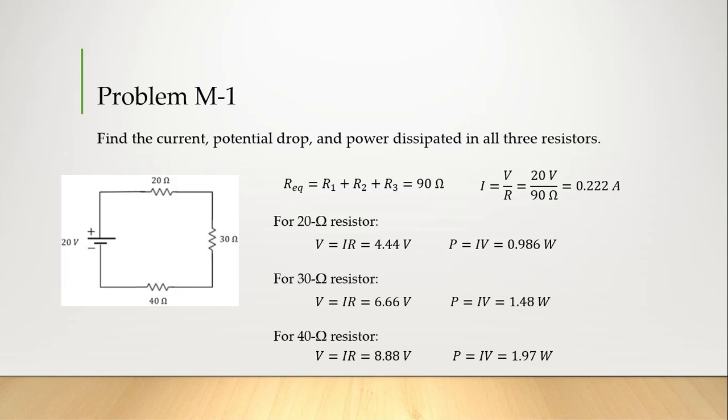Now if I wanted to figure out the total power dissipated, I just add these three numbers up, the 0.986 plus 1.48 plus 1.97, and you would get the total power dissipated in this particular circuit. So that's how to deal with a simple series circuit. Usually the thing you're trying to find in a simple series circuit, if you don't know it, is the current, because the current's the same in every part of the circuit.